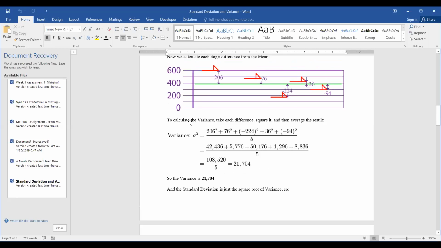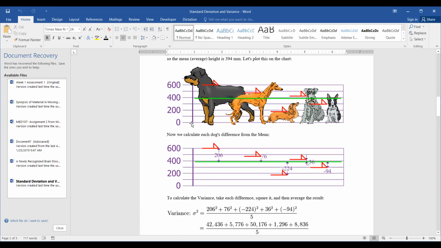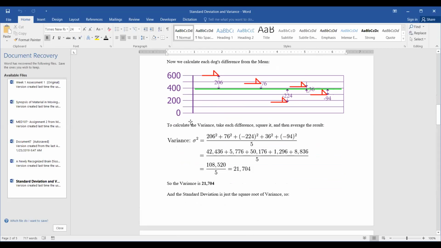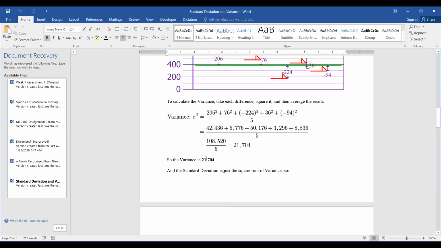In this case, with these dog height data, in millimeters, being compared here, the variance is a number that's pretty high, 21,704. That means there's a lot of variation in our data set.